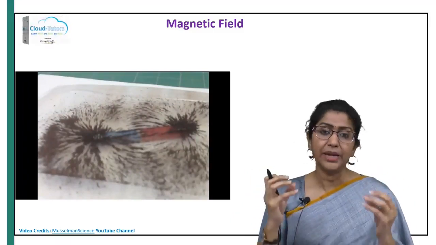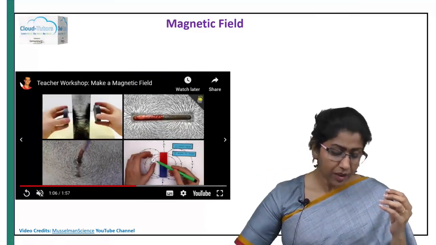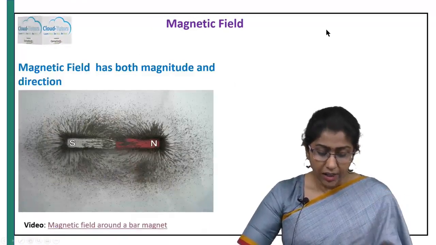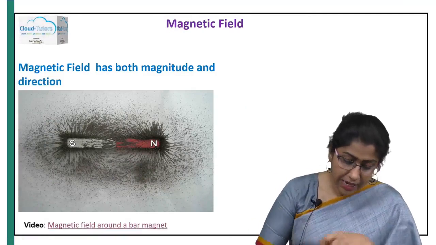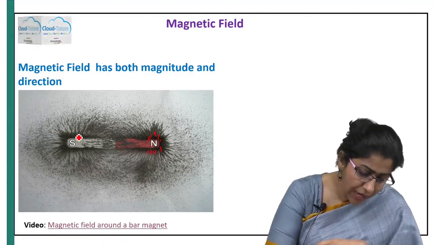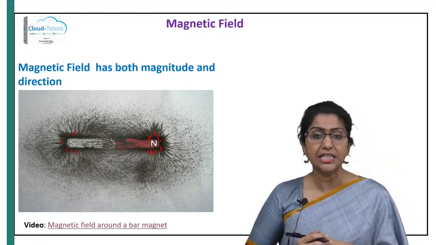Why does that happen? Because for a given bar magnet, you see that the iron filings are stuck more closely to the north pole as well as the south pole. So what can we conclude using this experiment?